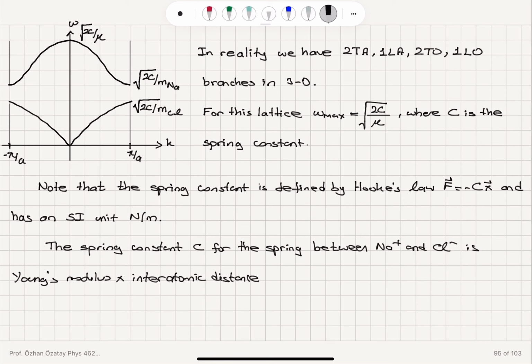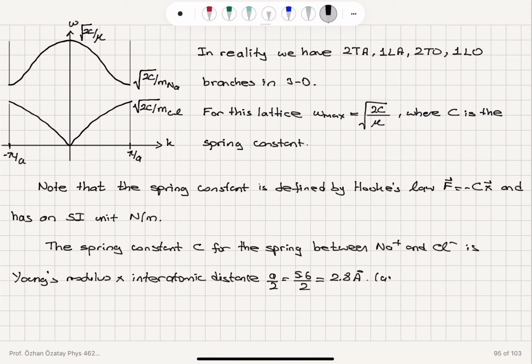So interatomic distance is a over 2, which is 5.6 angstroms divided by 2. So this gives us 2.8 angstroms interatomic distance.